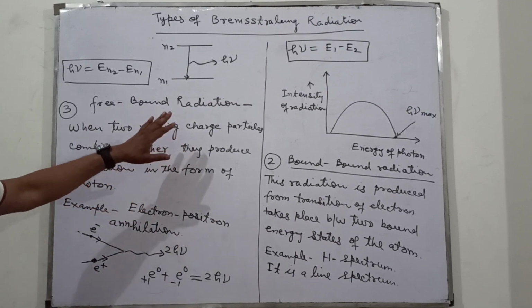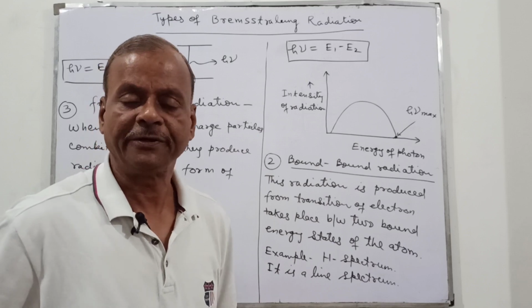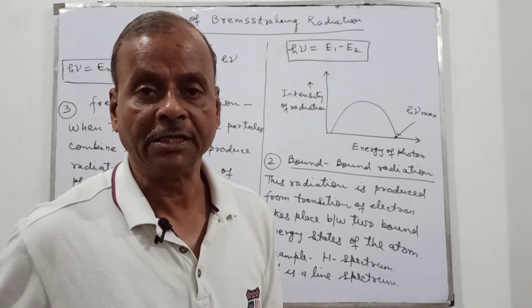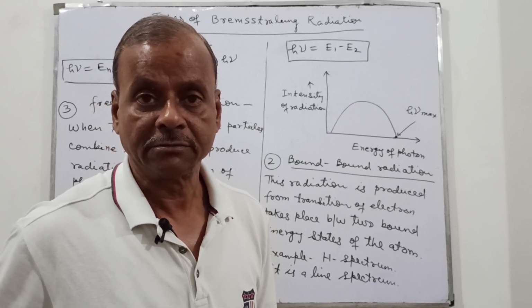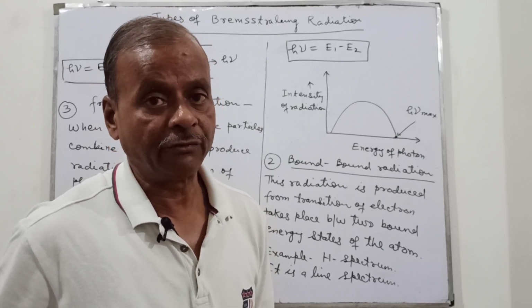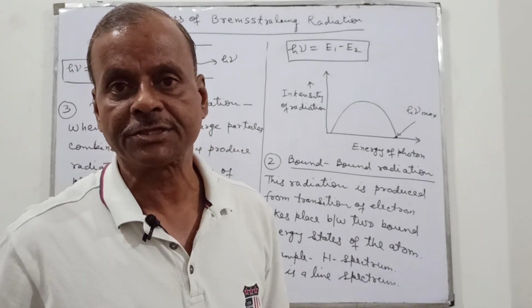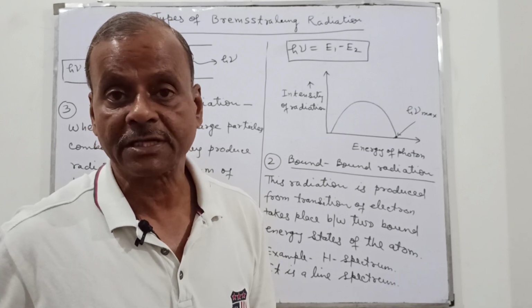So these are the three kinds of Bremsstrahlung radiation. First is the free radiation, in which the moving charged particle is free before and after producing the Bremsstrahlung. Second, the bound radiation, when the electron is bound before and after producing the Bremsstrahlung radiation.